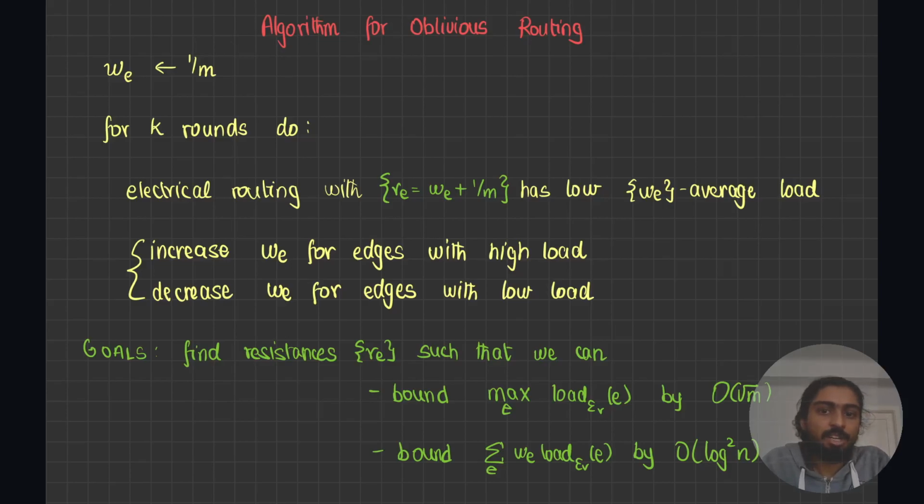So on edges where WE is high, you want to send less current through it, and so you want to set a higher resistance. This makes sense: if WE is higher, you want to set your resistance to be higher. And this part of the resistance, in some sense, bounds the average load. And the 1 by M part makes sure that every edge is close to uniform. And this bounds the maximum load by root M.